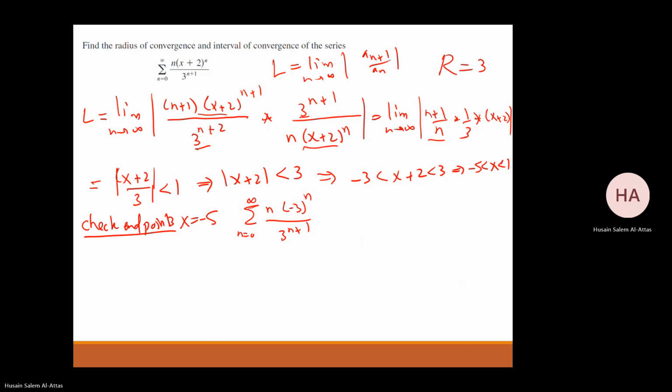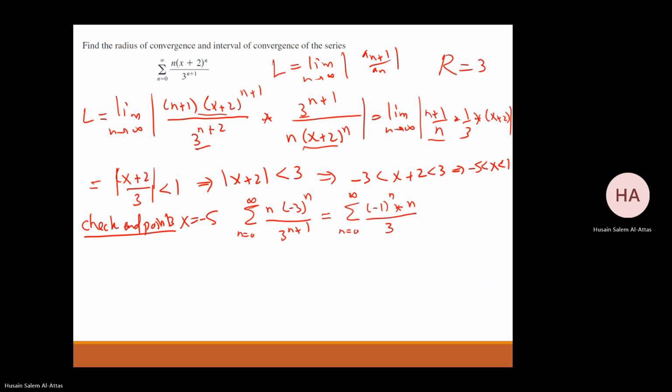Okay. And that will be summation n equals 0 to infinity minus 1 to the power n times n over 3.